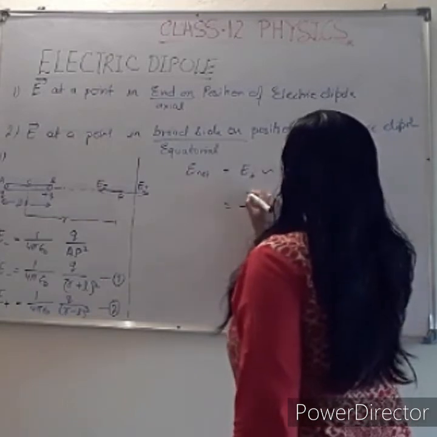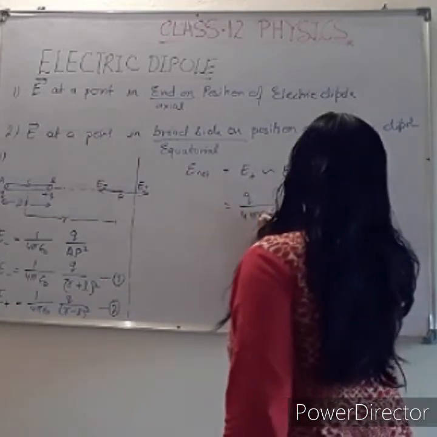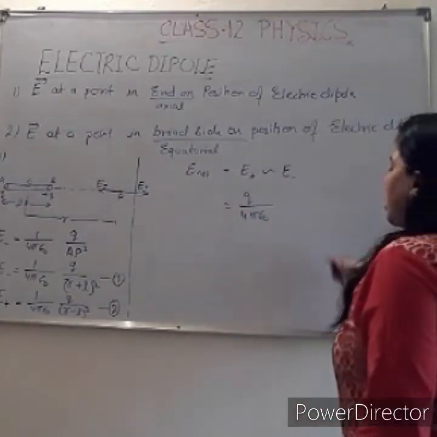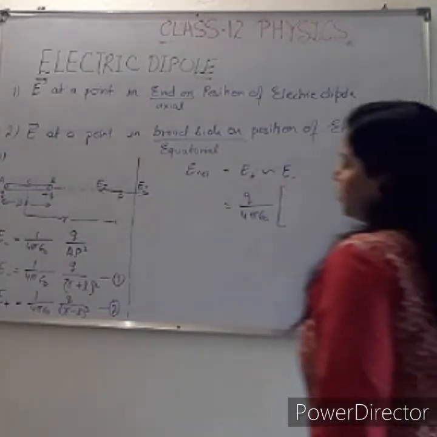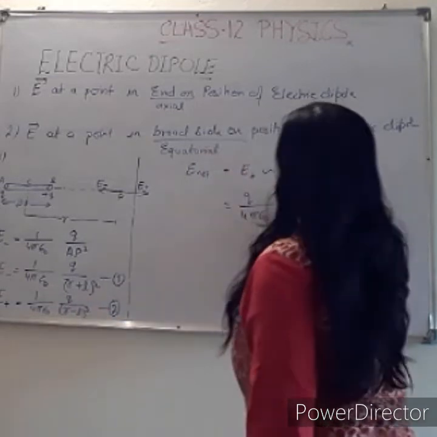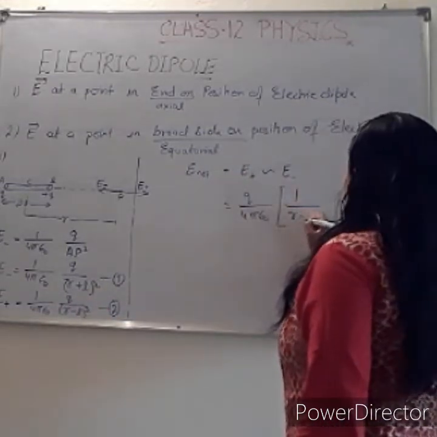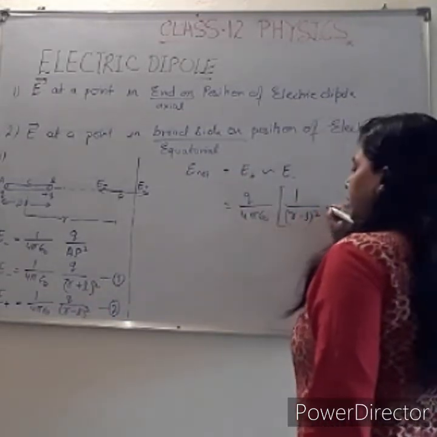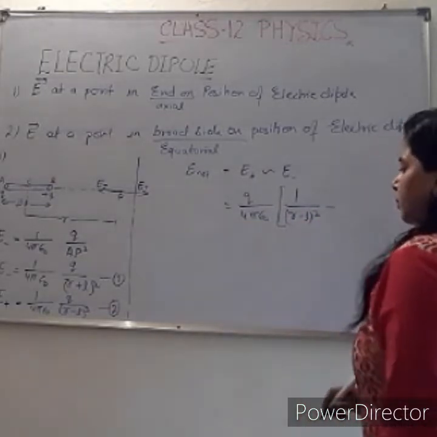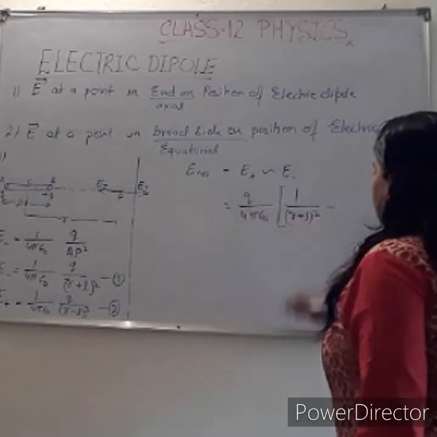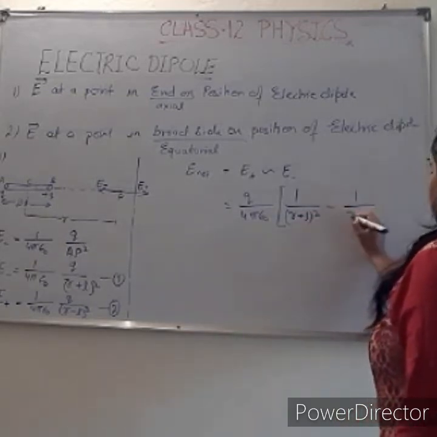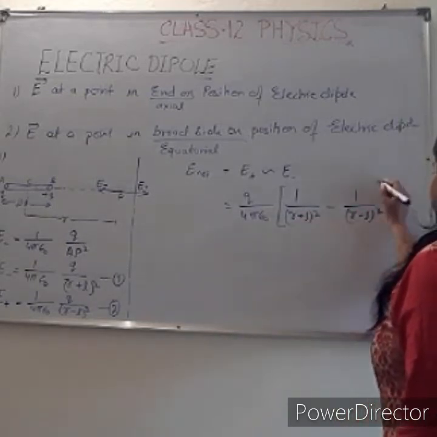Take Q over 4 pi epsilon naught terms common, and afterward take the rest of the terms. So the greater term is what? This one is the greater term. 1 over R minus L whole square, minus 1 over R plus L whole square.